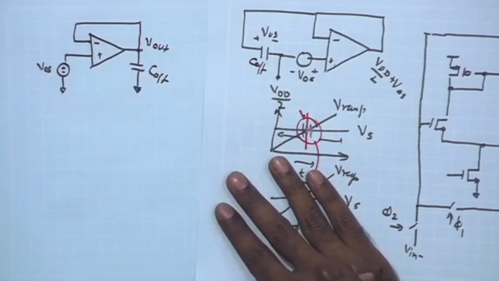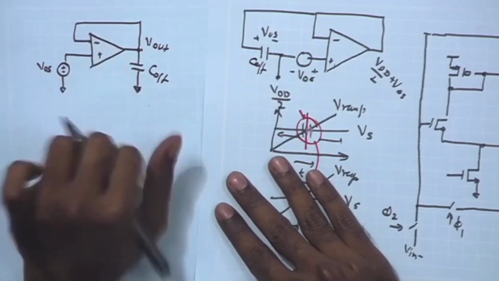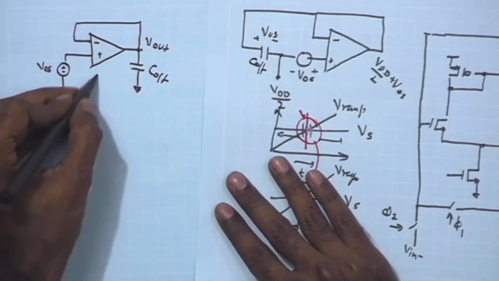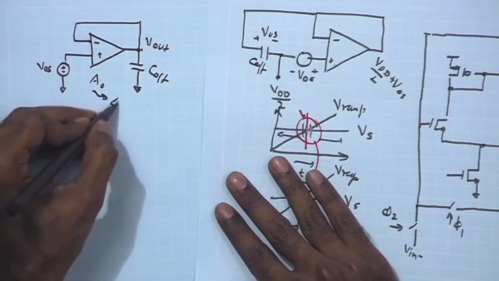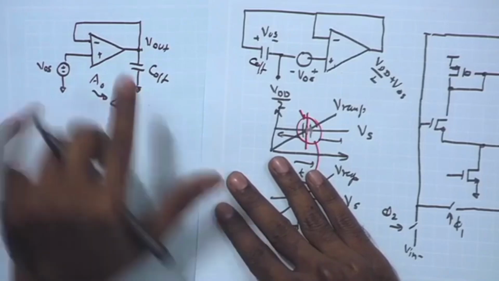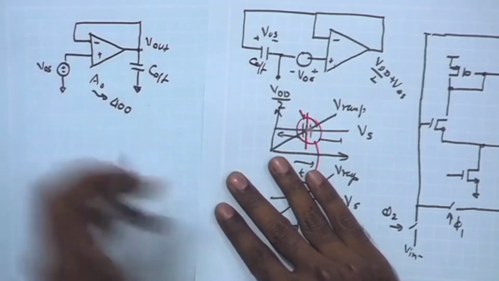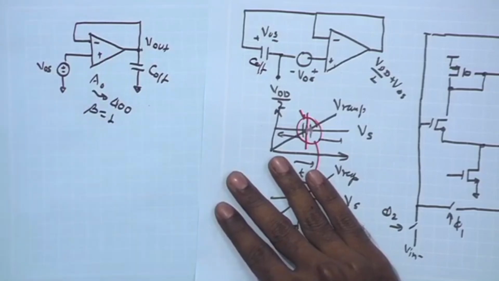So, beta is 1. The overall gain A of this circuit is the open loop gain of this comparator. So, A is known. We have the A naught, which we have already set around 400, that is what we discussed last day. So, A naught is known, and the overall beta is 1.